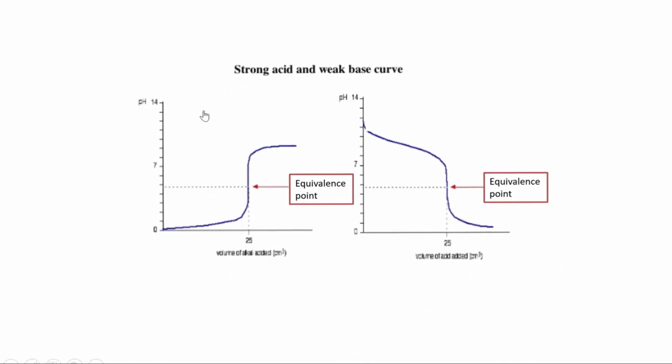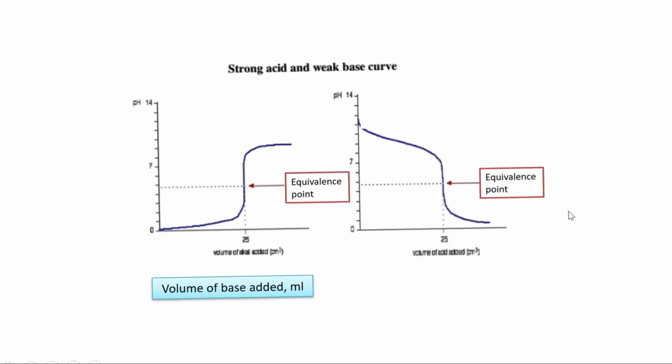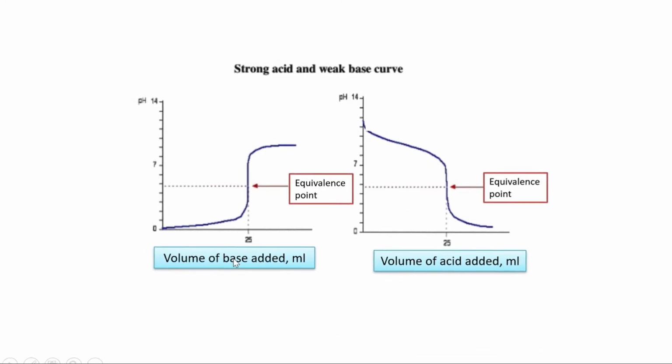Next, the same case, let's say if your titrant is the base, that means initially the solution inside the conical flask is your strong acid, so the titration curve is going to start from a very low pH, and then the pH keeps increasing up till the pH of the weak base.